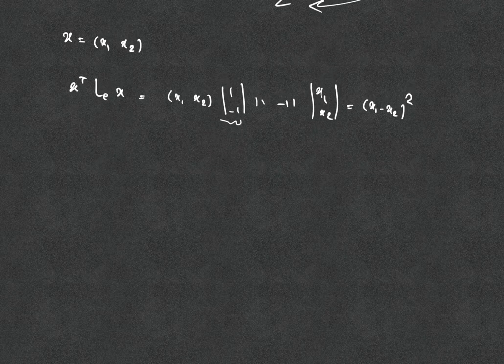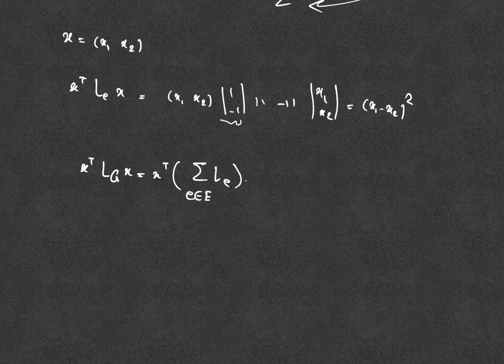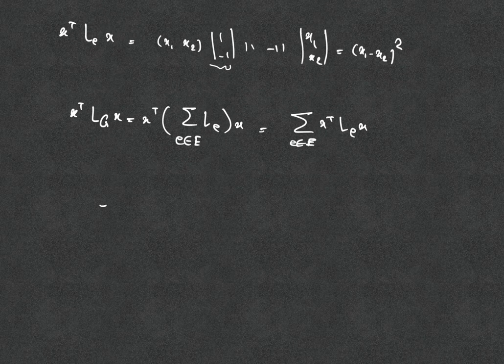So in terms of quadratic form, you can consider the entire graph like this. You can substitute LG with this new version, and for each edge you have x transpose LE x, which results in the fact that for every i and j in the set of edges, you're going to get xi minus xj to the power of 2.